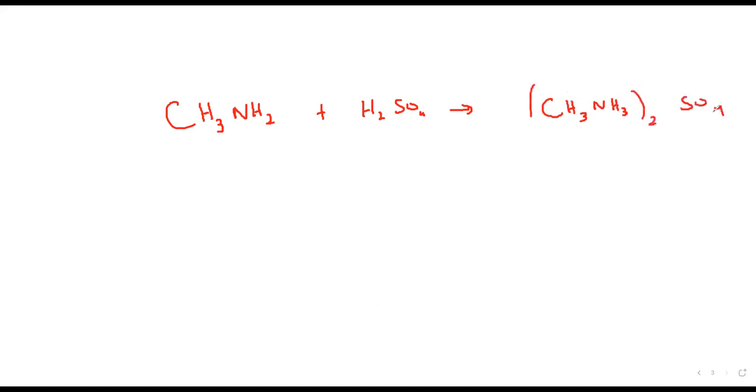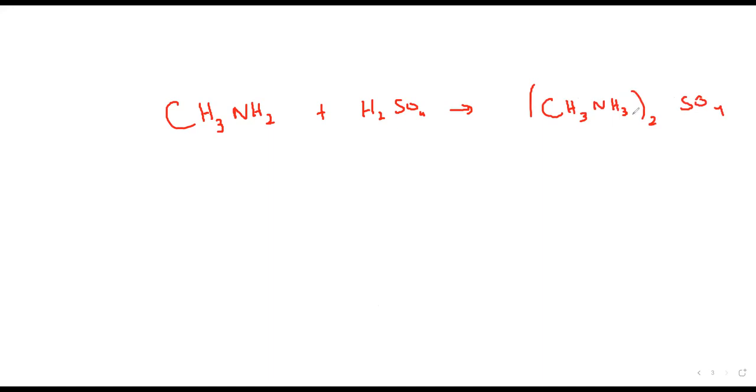Look, the first one was methylamine, CH3NH2. It was in the question, reacting with sulfuric acid, H2SO4. What product do they form? They form CH3NH3 in a bracket 2, SO4.